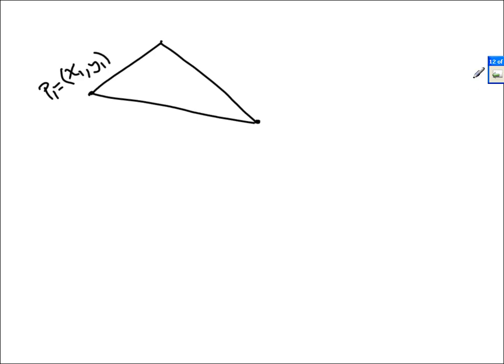Okay, now on to some beautiful stuff. Suppose you have this triangle. You want to find the area of the triangle. And like every triangle, it has 3 vertices. P1, we'll call that (x1, y1).